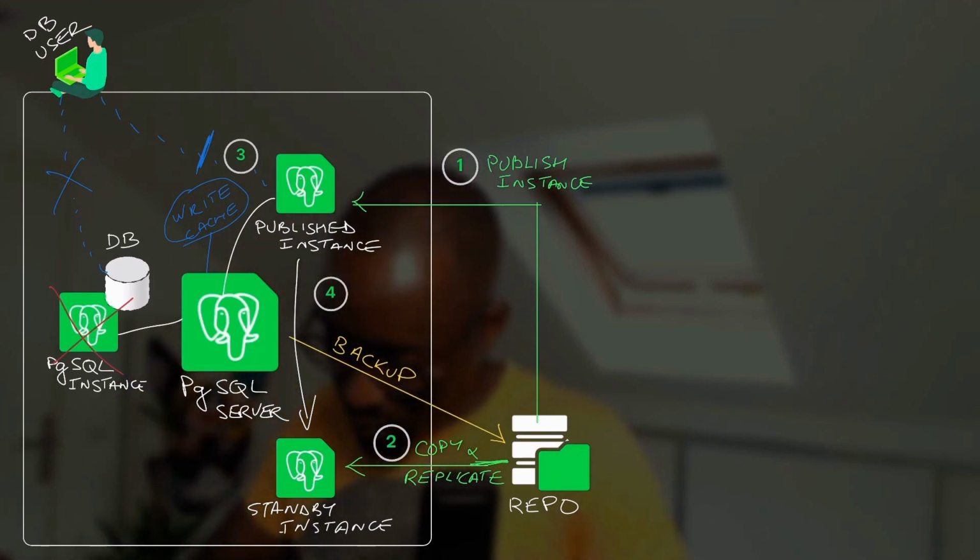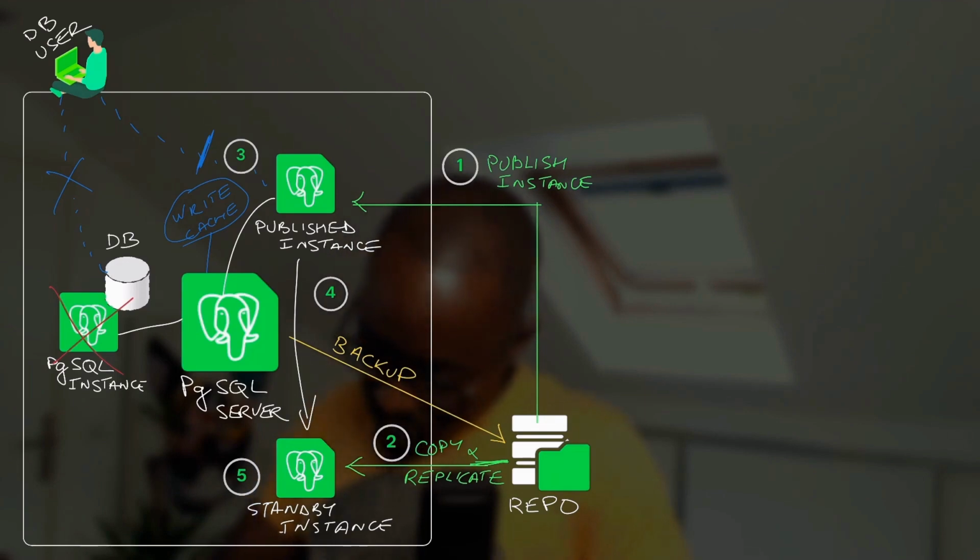And to conclude, the fifth step that I will position here comes once there is a fourth prime step, which essentially involves actually stopping the published instance. And the fifth step will allow starting the instance that is in standby.